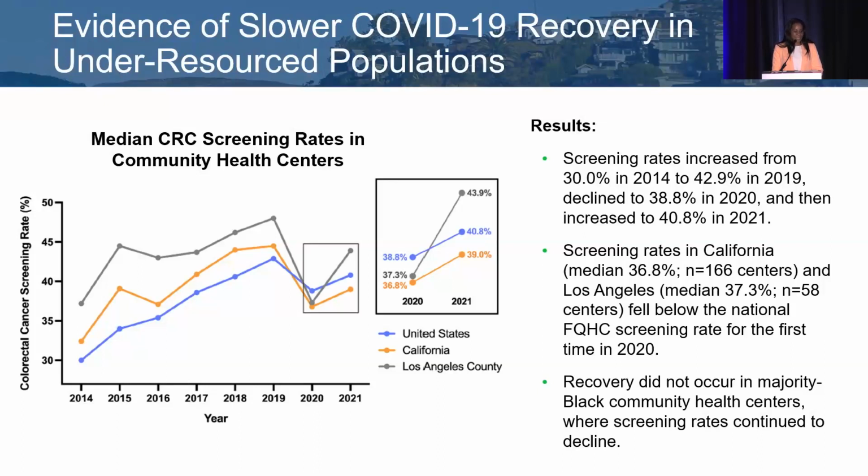In the state of California, where we reside, and in Los Angeles County, we actually, for the first time during the pandemic, saw colorectal cancer screening rates dipping below national screening rates in federally qualified health centers. We did have some recovery, but notably, clinics that serve a majority Black population had continued declines in screening participation right after the pandemic.